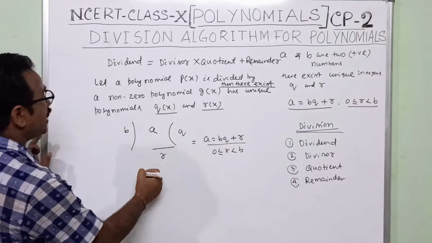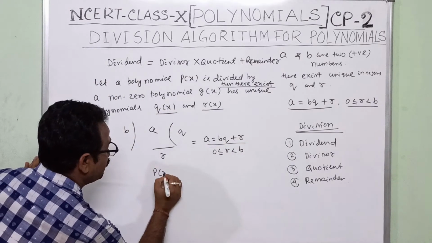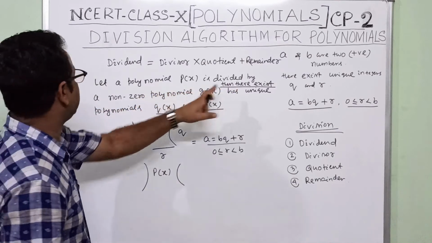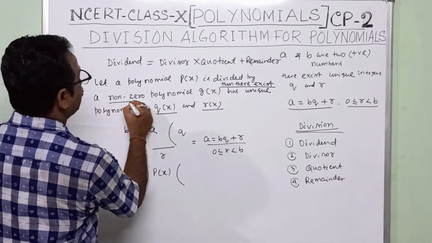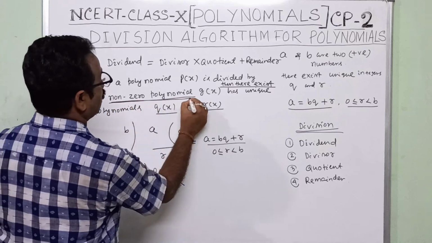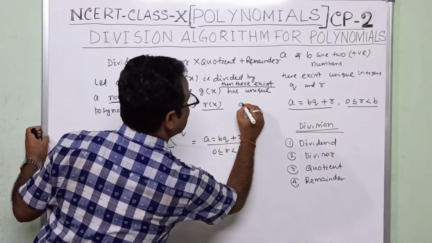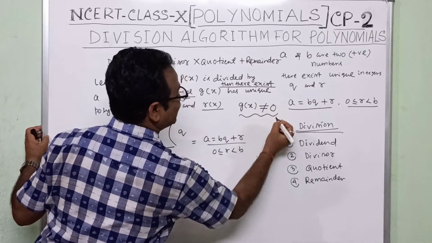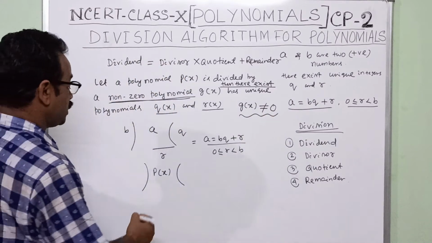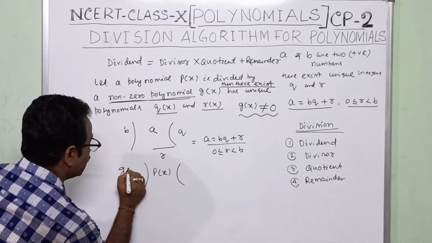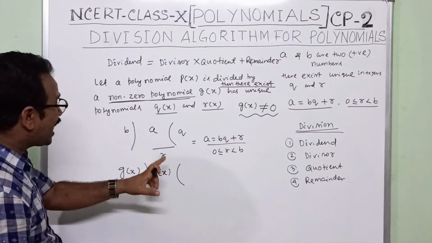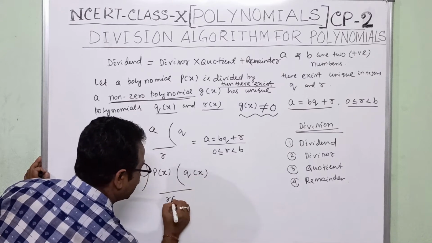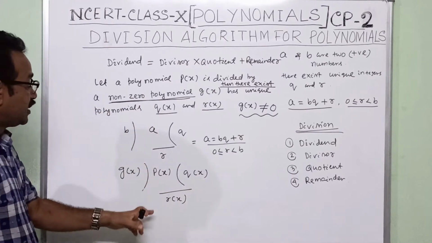Here similarly p(x) is the polynomial divided by a non-zero polynomial, that means g(x) is not equal to 0. So here our quotient will be q(x) and remainder will be r(x).